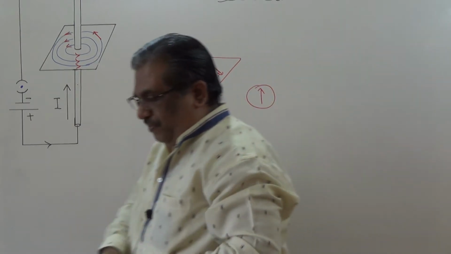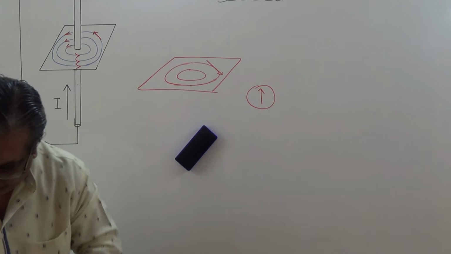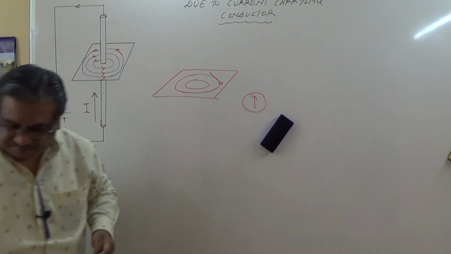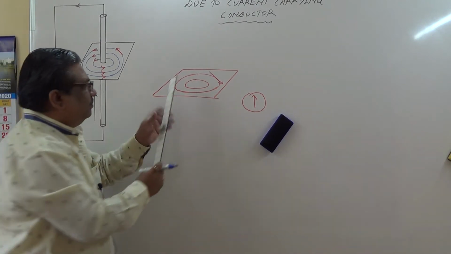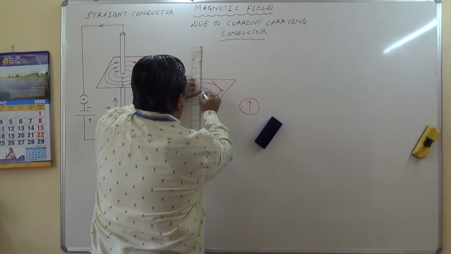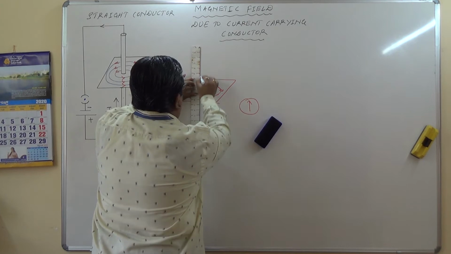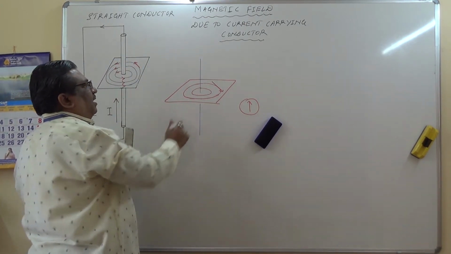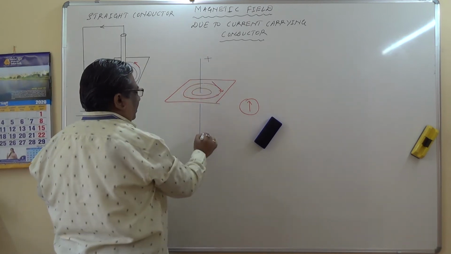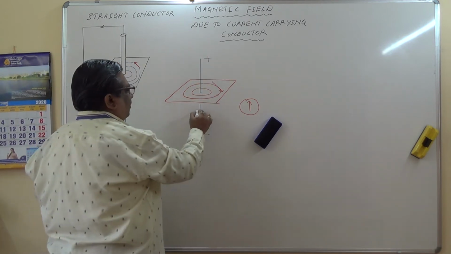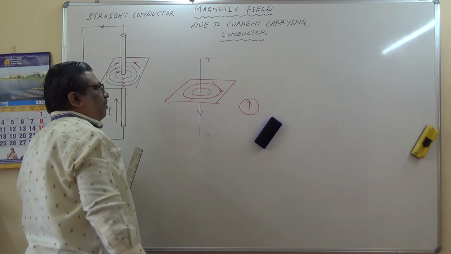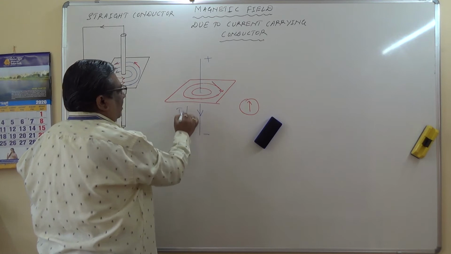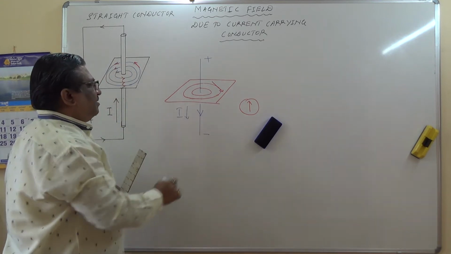And therefore let me explain once again. In this case, there is a conductor. Suppose this is a conductor here, with a single line, it is enough. Now this is the positive terminal, this is the negative terminal. Therefore the current through this conductor is from top to bottom, this is the direction of the current over here. In this case, what is the direction of the magnetic field lines?